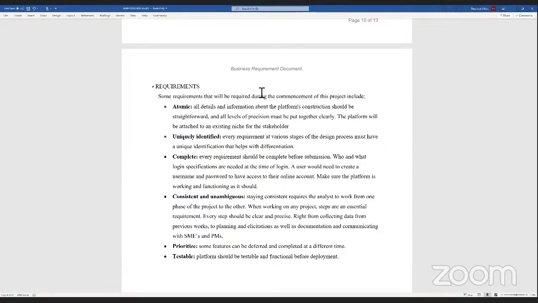So what I was basically trying to say is that right from the onset, when we speak to the stakeholder and we know what he wants us to address, we must have a plan in place that is going to help us navigate through the whole building of the platform successfully. We must prioritize, like I said on the previous page, and defer some features that cannot be completed in the set time. And we must make sure that the platform is testable and functional before it's deployed.